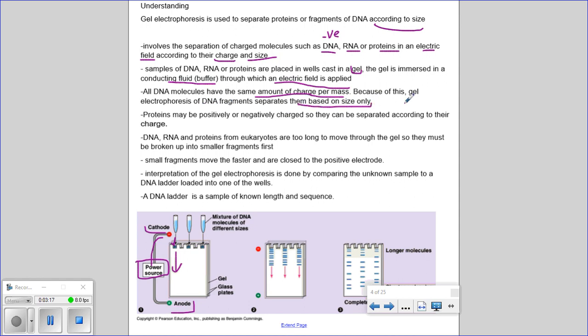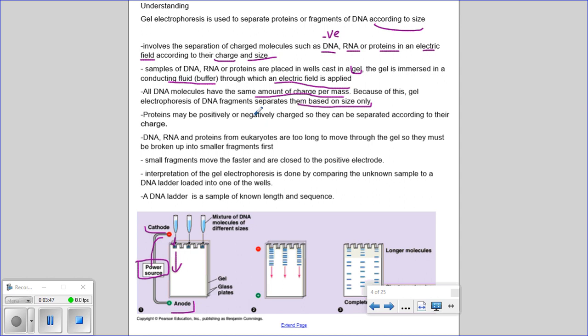The same amount of charge per mass means that they will be repulsed equally by that cathode, and so the only thing that will determine how they migrate through the gel is their size. Proteins can be positively charged, remember those are histones, or negatively charged, so they can be separated according to their charge as well, but most proteins are going to be overall negatively charged.